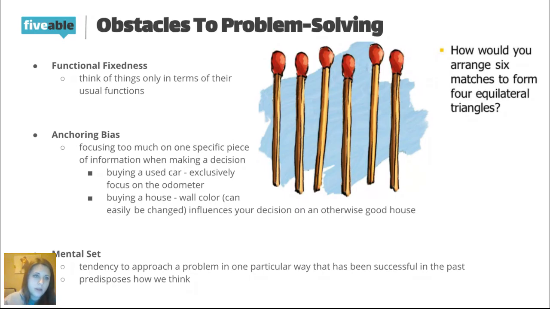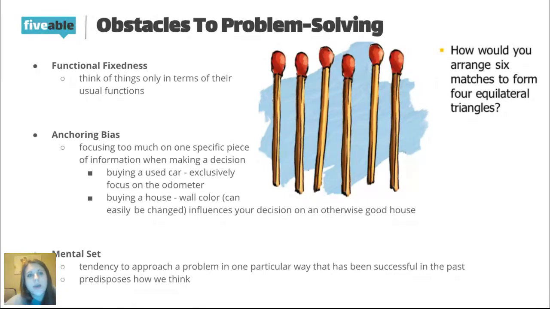So for example, if you haven't seen this brain teaser before, you're probably thinking right now how to lay these matches down and make 4 equilateral triangles, and you're having a really hard time because it's not possible. But if you make a 3D model of the matches, then you can make 4 equilateral triangles if you prop them up.